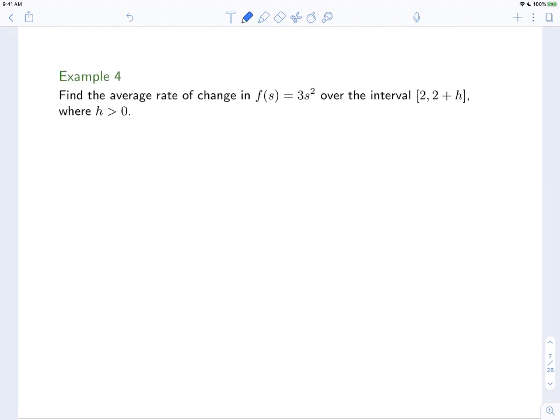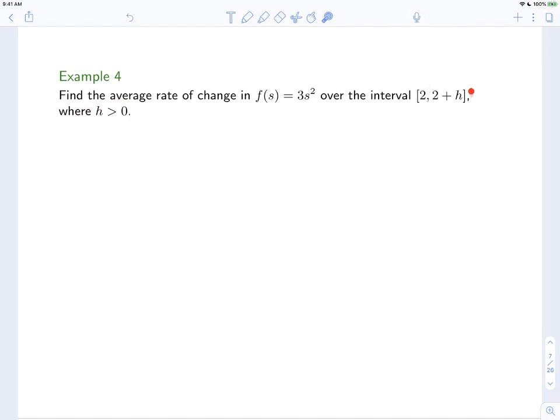Let's do another example. Find the average rate of change in this function over the interval from 2 to 2 plus h, where h is some positive number. Here our function f is a function of s, so our independent variable is s. F of s equals 3s squared. Now this interval goes from 2 to 2 plus h, where h is some positive number.